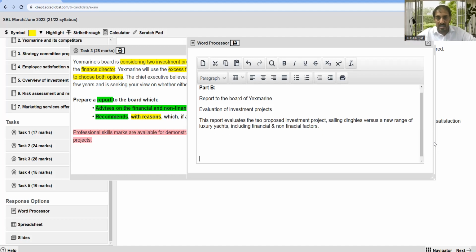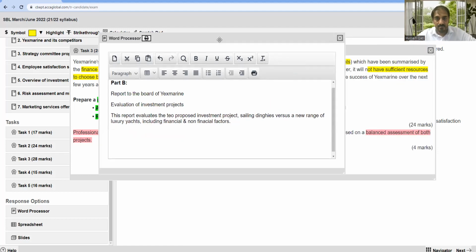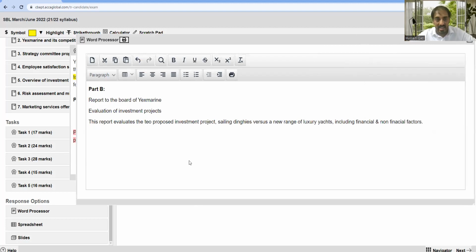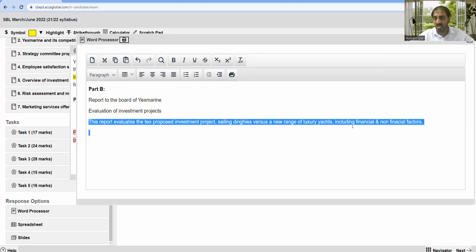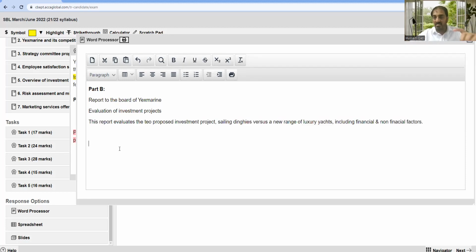I'm giving you one important piece of advice. Students, whenever you start writing, that is the format: report to whom, then evaluation of the investment project, and then start. This report is about, this is the introduction line. The introduction line must be very brief.